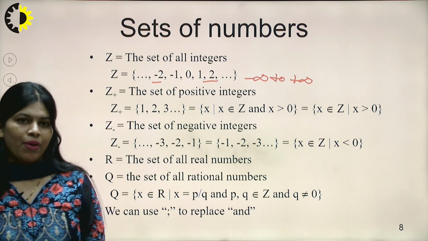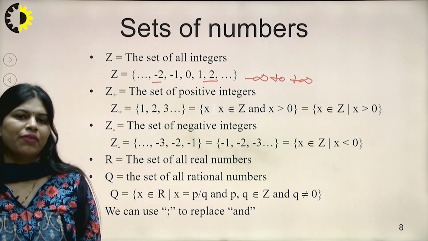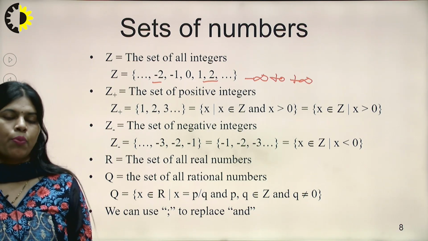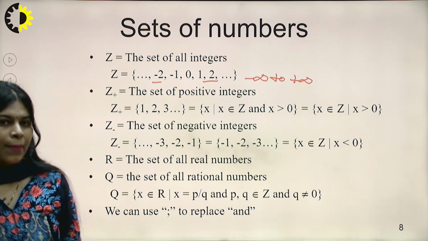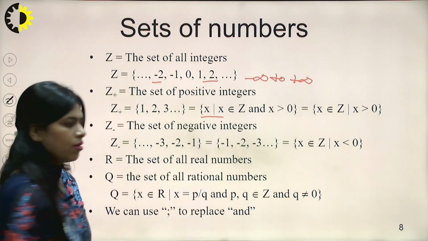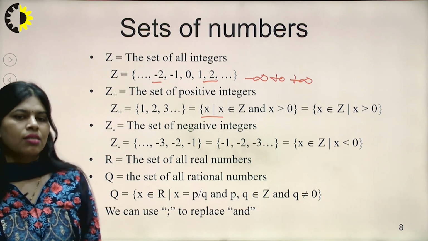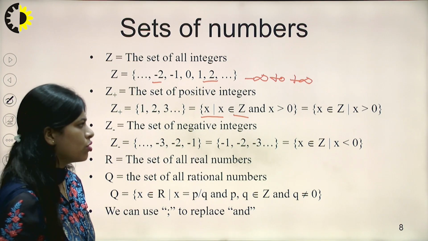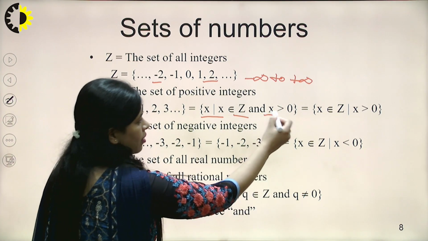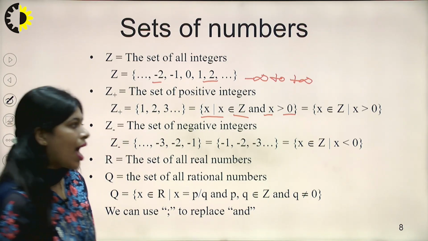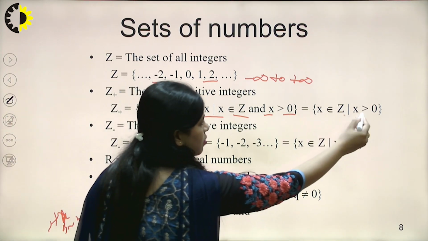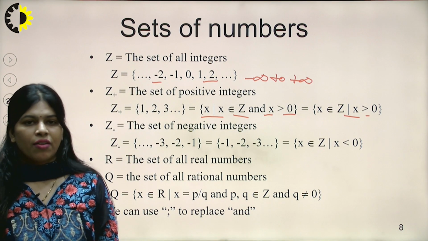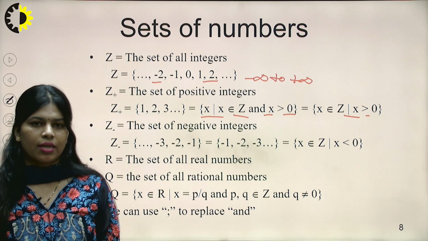So we may take the set of integers in a set. Second point, Z plus indicates the set of positive integers. It means we have to only take the positive numbers or the positive values in a single set. Means if I am taking the second point where x is a number of elements which belongs to Z, Z means set of integers, and the value of x should be greater than 0, which belongs to Z. It means we can start the value of x from a value greater than 0.